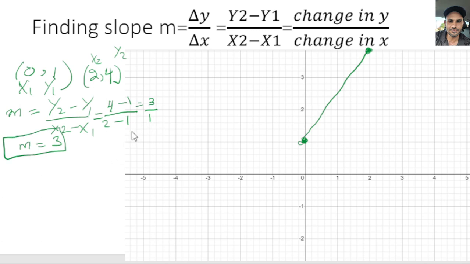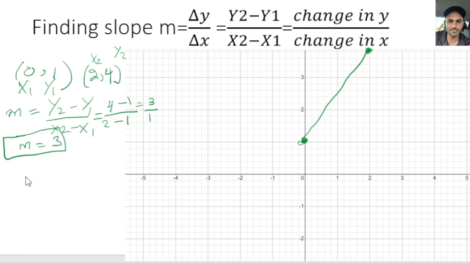What this means is that for every 1 unit that our graph moves in the x direction, it moves up 3 units in the y direction. So rise is 3 and the run is 1, so this is also 3.